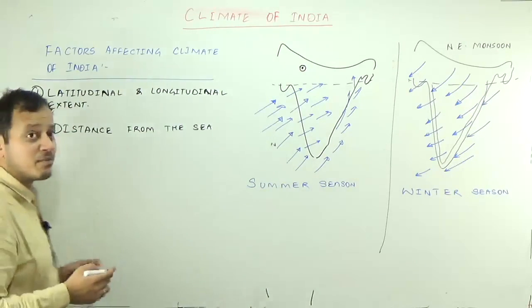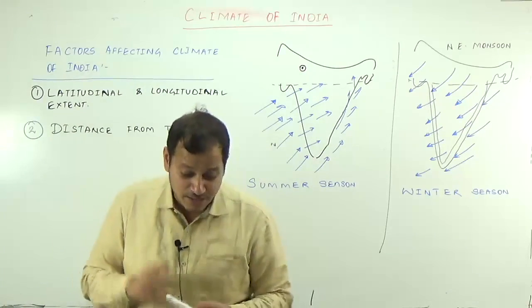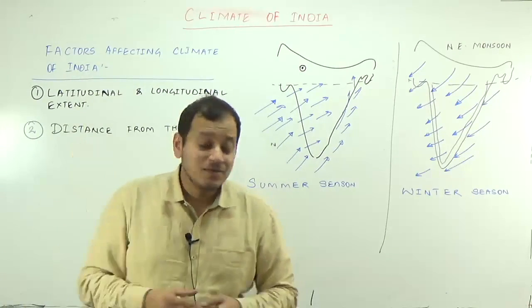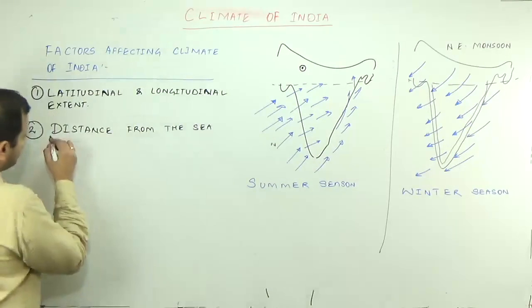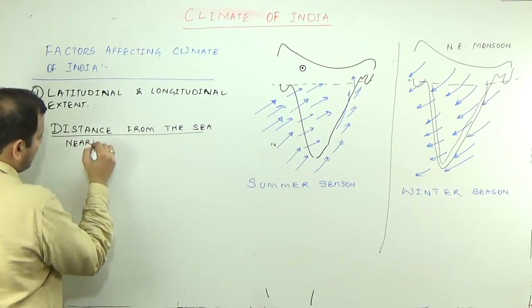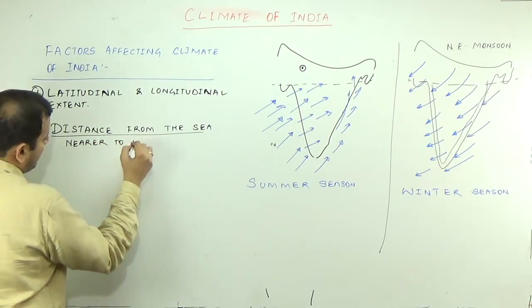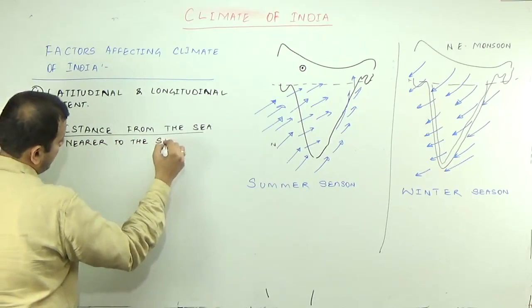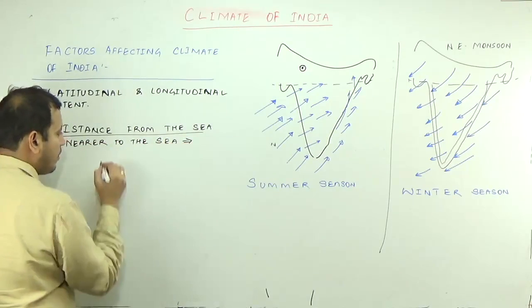So what does the distance from the sea affect? Nearer to the sea, we have a moderate climate.